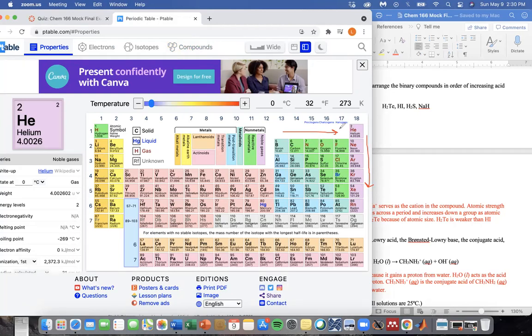So NaH is one of those where the electronegativity difference is such that the H actually acts as a base, because the Na is the one who's positively charged here, and the H is the one who's negatively charged.